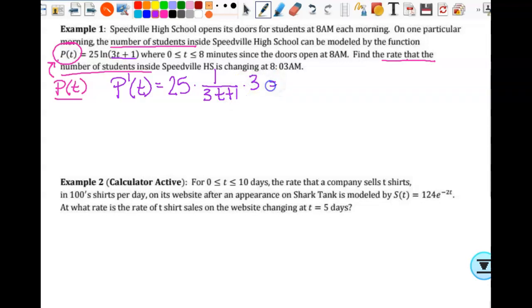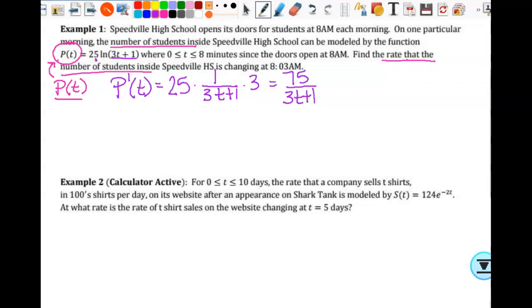So this is really 75 over 3t plus 1. Do you agree with that? And there's nothing wrong with when you take the derivative, you don't have to just put 1 over that. You could have put the 25 over this, and you could put the derivative in the numerator, but I just split it up so you could understand where everything's coming from. We all good?